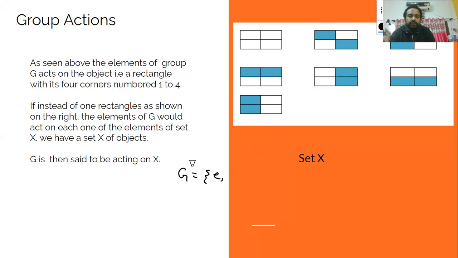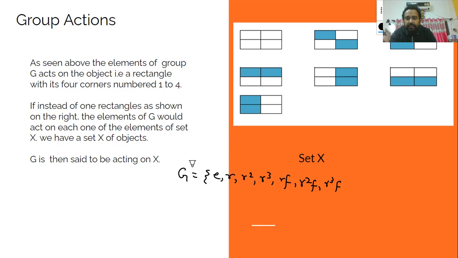That includes the action that does nothing, the anticlockwise rotation by 90 degrees, the double rotation, which is rotation by 180 degrees, rotation by 270 degrees, a rotation followed by the vertical flip, a 180-degree rotation followed by the vertical flip, a 270-degree rotation followed by the vertical flip.